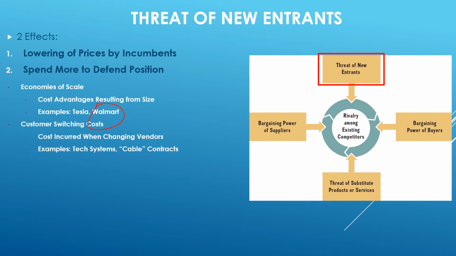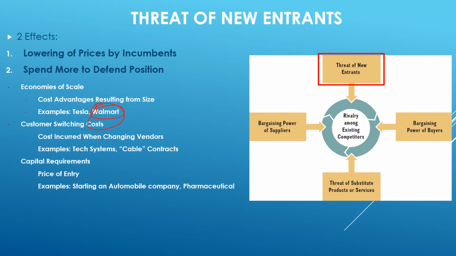These are costs incurred when changing vendors, or changing who you're going to buy your product from. Meaning if you're used to buying all your stuff from Walmart, going to a new company in that area or industry may be harder.